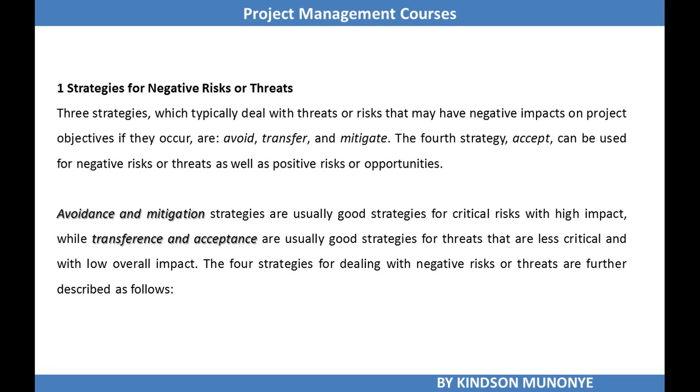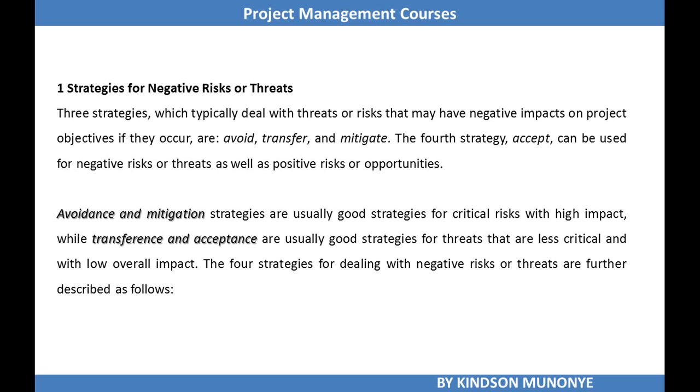Let's now look at these terms to see exactly what they are. We also have another strategy, that is accept. But the accept strategy can be used for negative risks and also positive risks. Avoidance and mitigation strategies are usually good strategies for critical risks with high impact, while transference and acceptance are usually good strategies for threats that are less critical and with low overall impact.